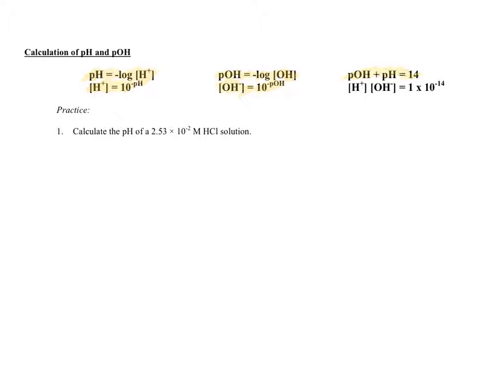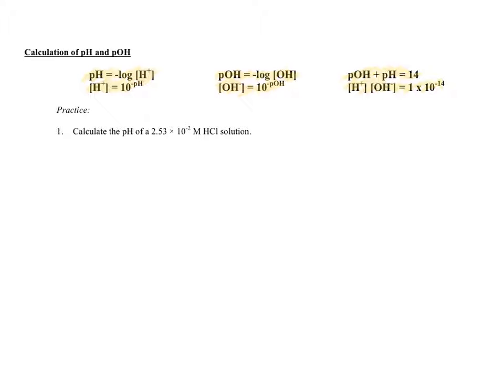So if you know what the pH is, you can subtract that from 14 to get the pOH. And if you need the two concentrations, if you multiply them together, they should equal 1 times 10 to the negative 14th. So you're going to use all of these equations in different conjunction to calculate pH, H plus, etc.